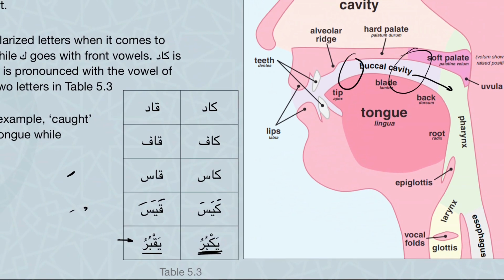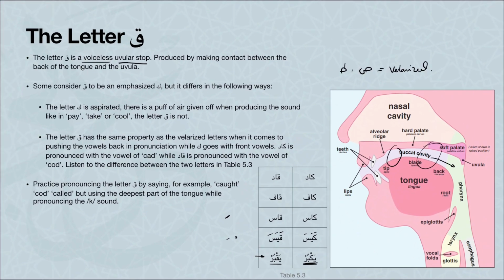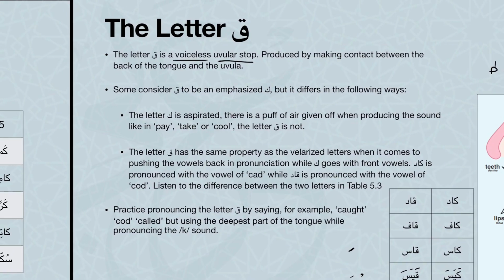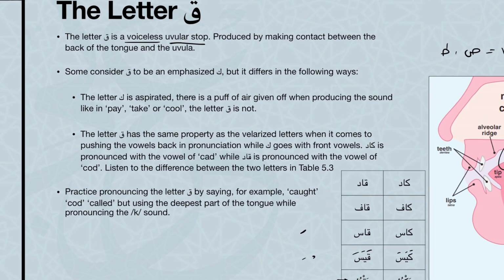So far, one tip I would give for training your throat to produce the qaf, or the q sound, is to use the word like caught. If you listen carefully when I say the word caught, the au, what we call a diphthong, is basically velarized.